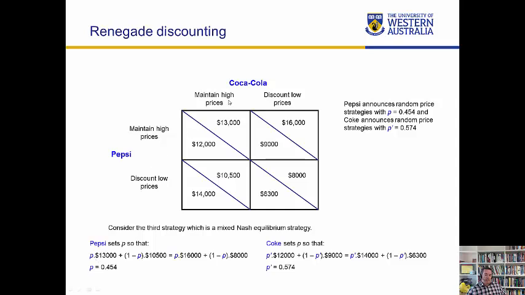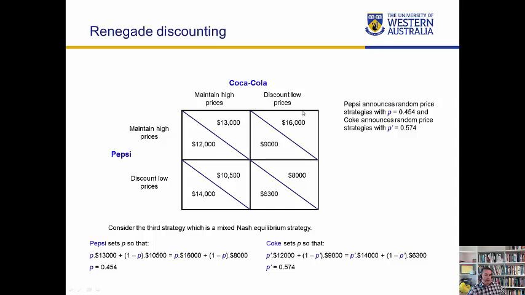So when Coke sets high prices, its expected profit is this left-hand side of this first equation. It will expect to be earning 13,000 for 45.4% of the time, and it will expect to earn 10,500 for 1 minus P, which is 54.6% of the time.